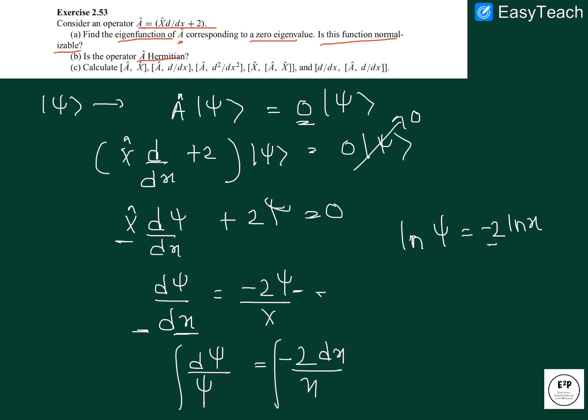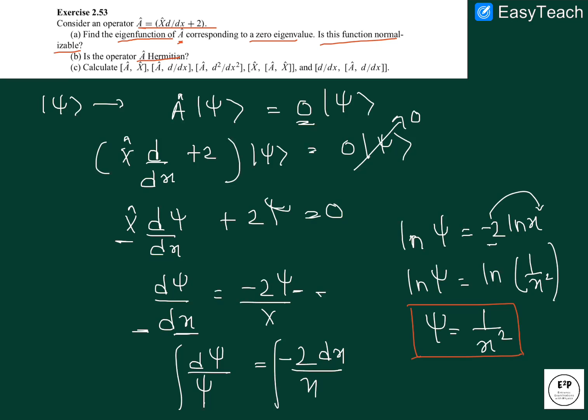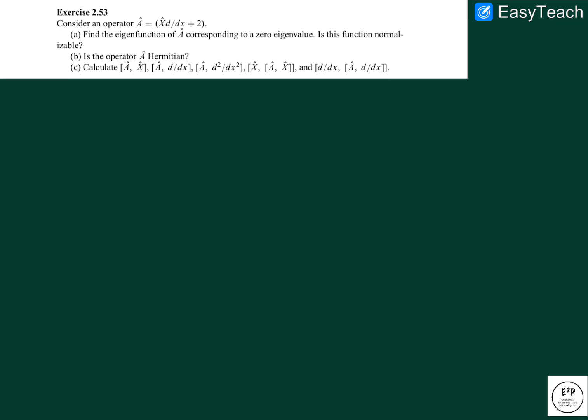Moving this minus 2 onto the x, we get ln psi equals to ln 1 by x square. So we get the wave function as psi equals to 1 by x square. So this is our wave function, and now we have to see if this is a normalized wave function or not, and if not, then is there any way to normalize it. So moving on to the next part.